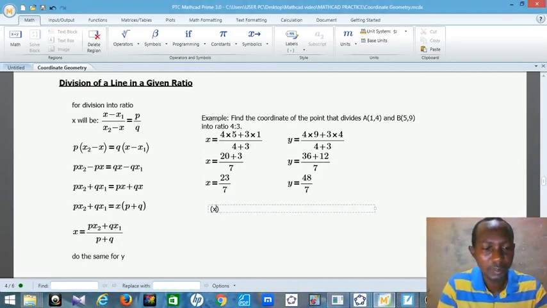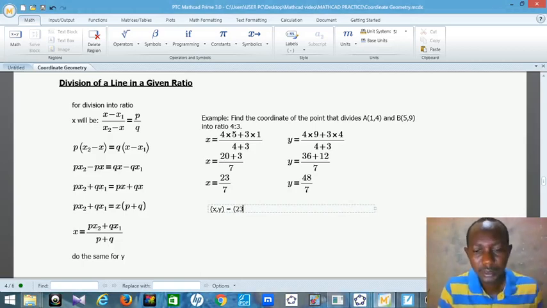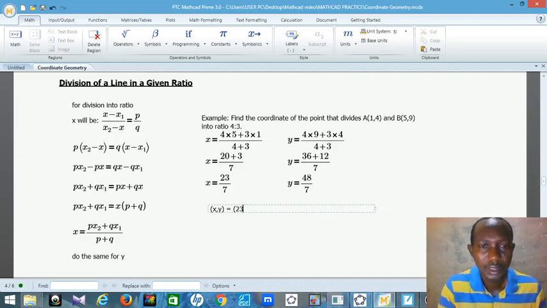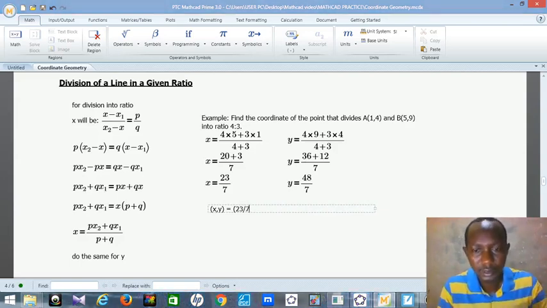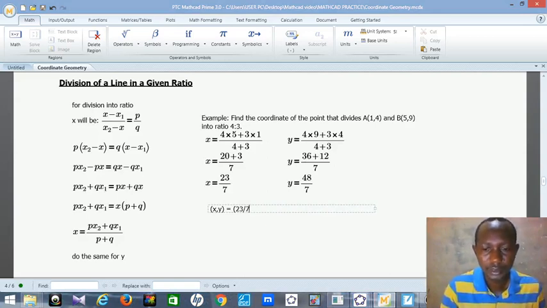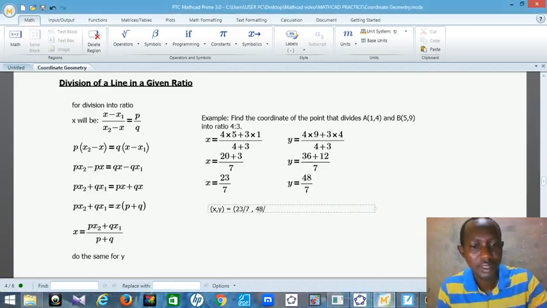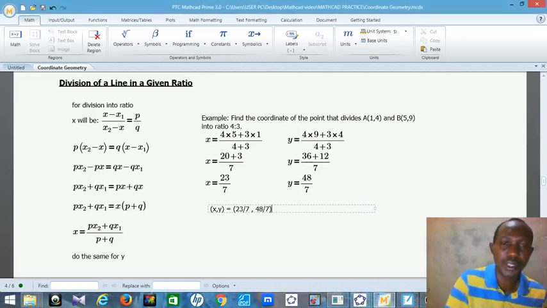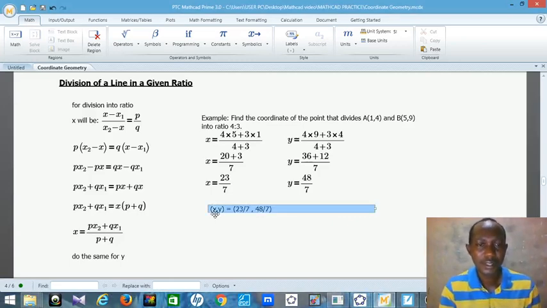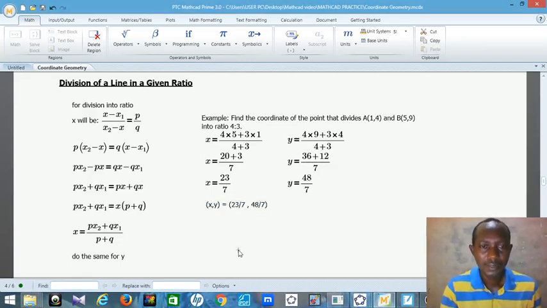Now x comma y will be equal to 23 over 7, then the other coordinate is 48 over 7. Close your bracket. So that is your answer for this question.